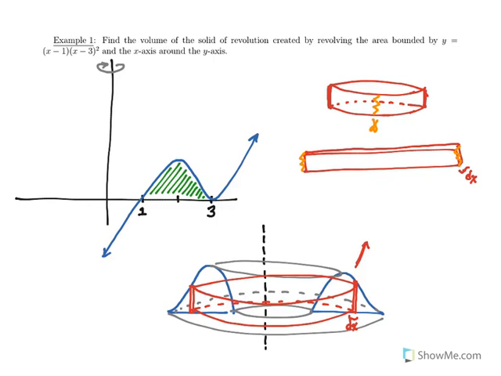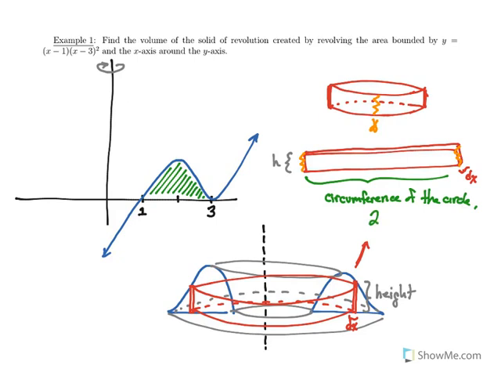The height of that rectangle, h, is going to be the height of that rectangle in the original picture. And the length of the rectangle is going to be the circumference of the circle, 2 pi r.